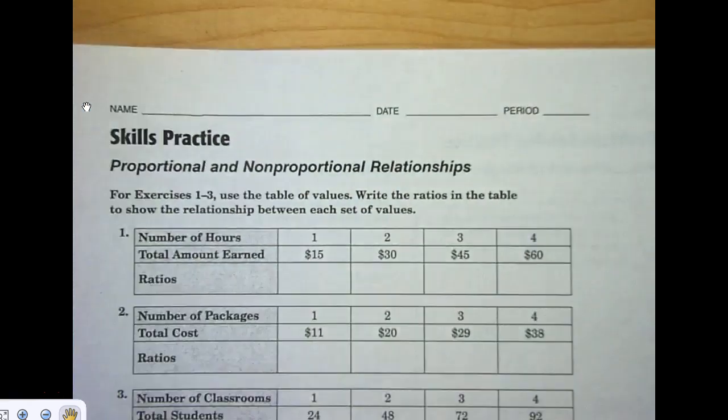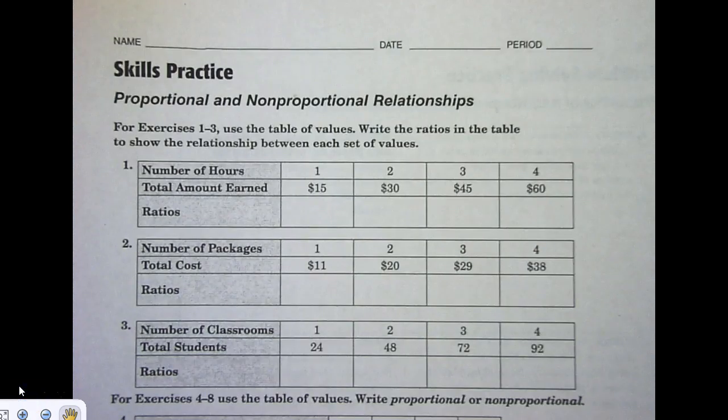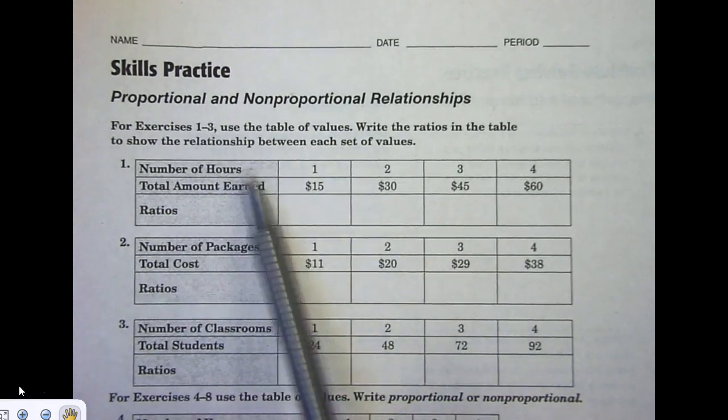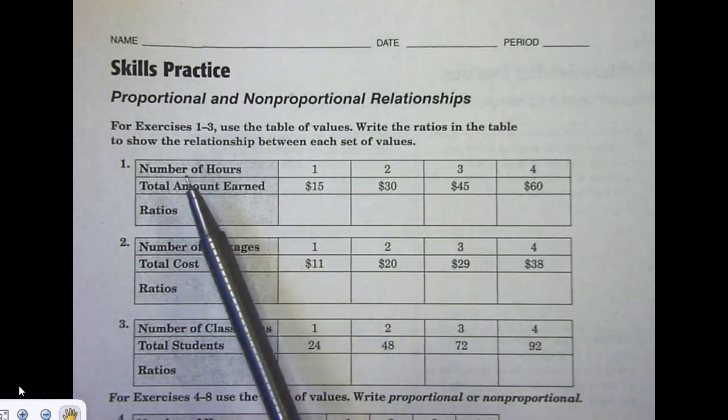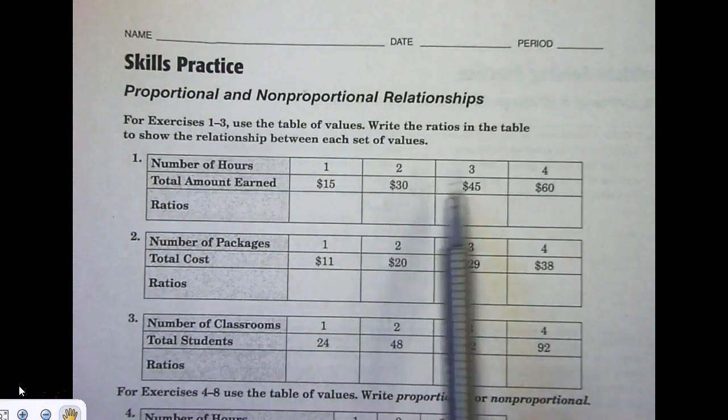So skills practice. Non-proportional relationships. For exercises 1 through 3, use the table of values. Write the ratio in the table to show the relationship between the two sets of values. All right, so we've got a situation here where we see the number of hours someone worked and the amount of money they earned.